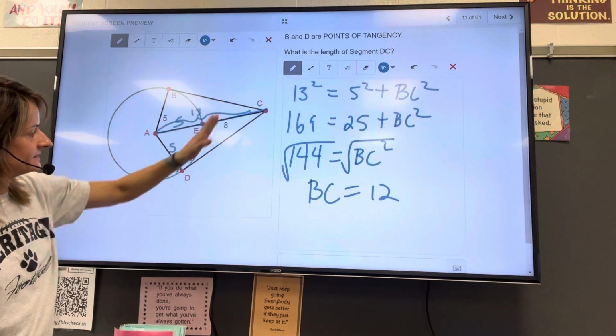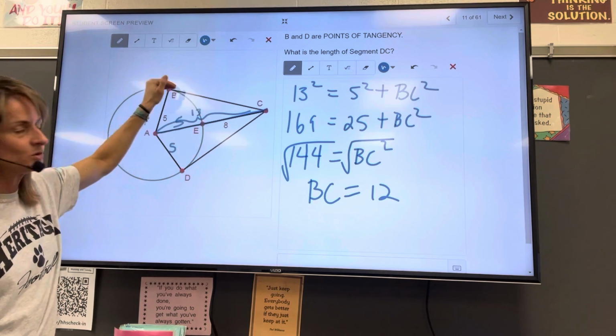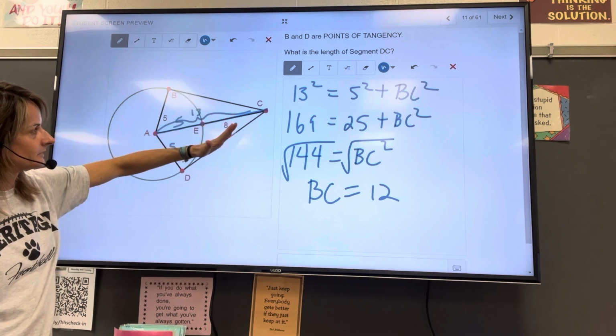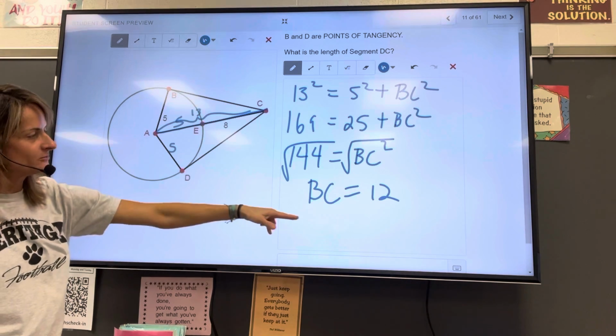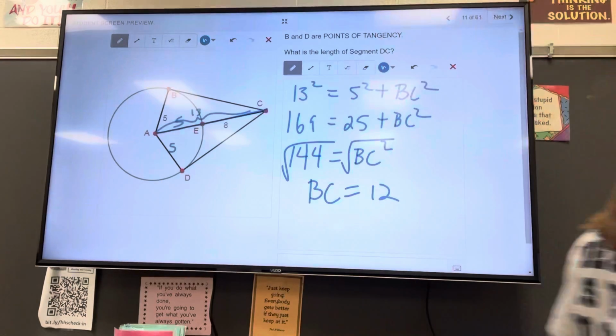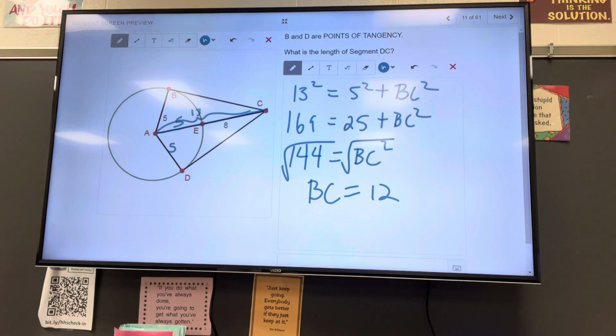This particular problem is asking for the length of DC, which is equal to BC. I solved for BC, but they're the same. So I should probably write DC equals 12 at the bottom here because that's what the question asked for, and then we can move on. I could have chosen either of those triangles because they're congruent. How are we doing?